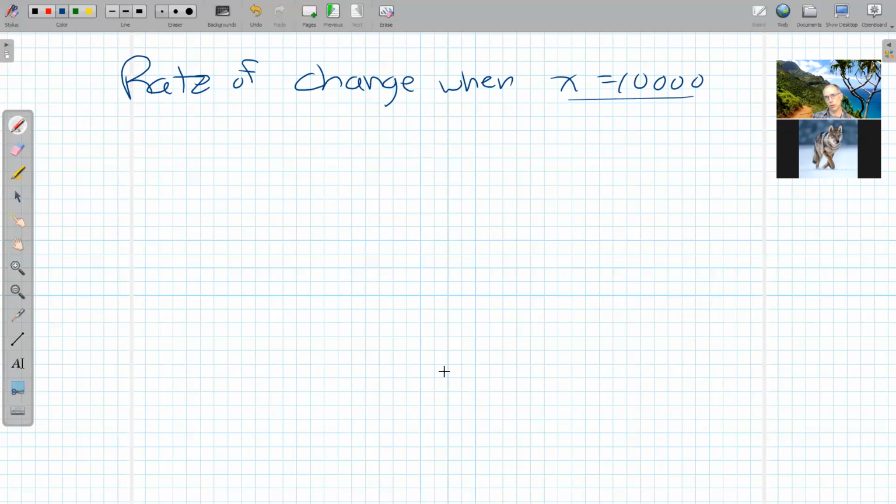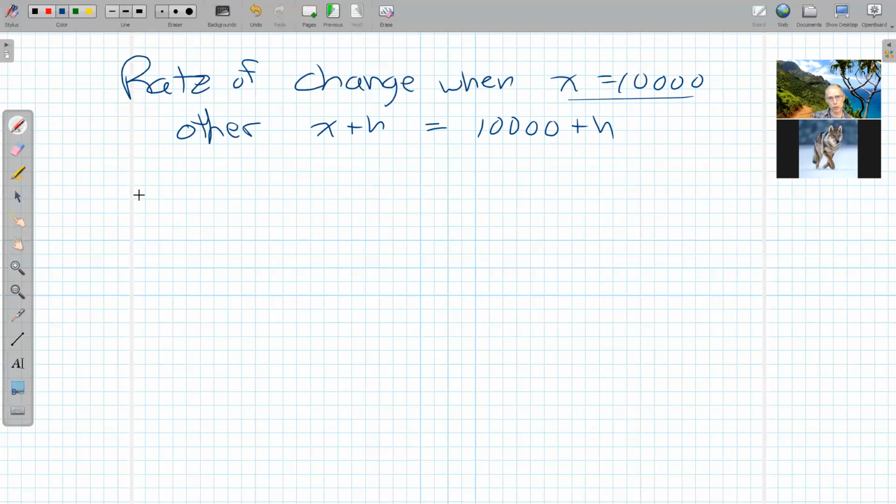We're only given a single number there, so we have to consider, well, rate of change involves 2 points, so we have to make up another point, and the standard way to do that is to say, well, let's just bump production by H. So maybe H could be 1 or 2 or a tenth. Now, this is kind of weird because you can't have a tenth of an electronic device. It's got to be a whole one or not, but we're going to ignore that fact for a moment. So then our other point is going to come from X plus H, right? And in this case, X is 10,000, so that's going to be 10,000 plus H.